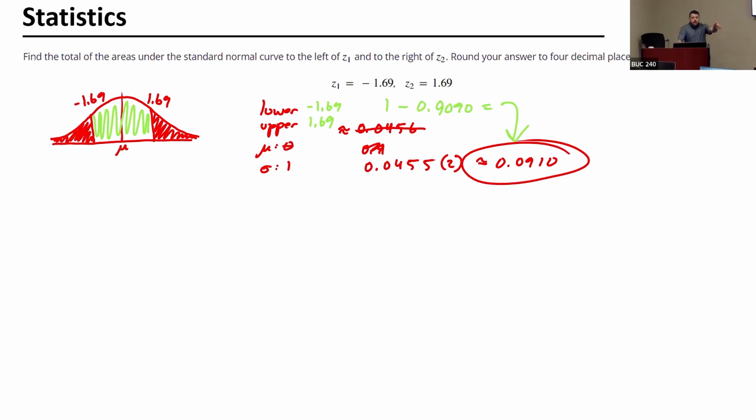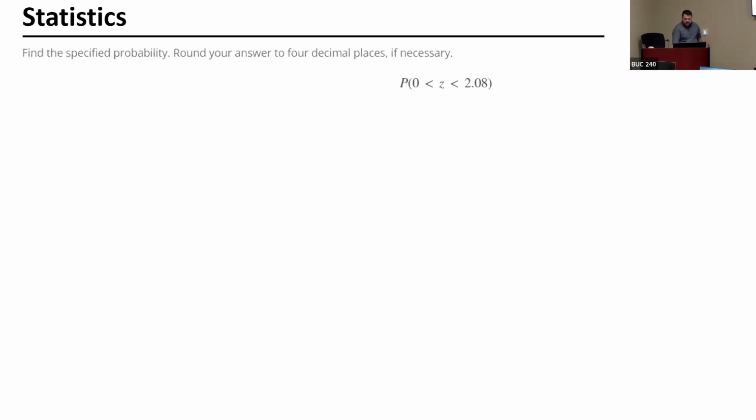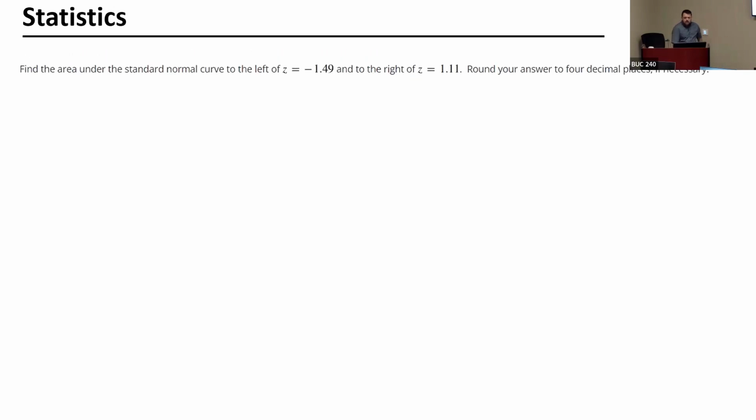Yes, by all means, calculate one area, calculate another area, add them together. It works. Do it if you like doing it. The reason I say that is if you look at another homework example, look at this one right here. Look what it says there. The area to the left of negative 1.49 and the area to the right of 1.11. Those are no longer sitting in a place where you can find one and multiply by 2.